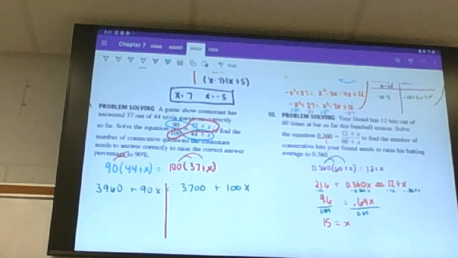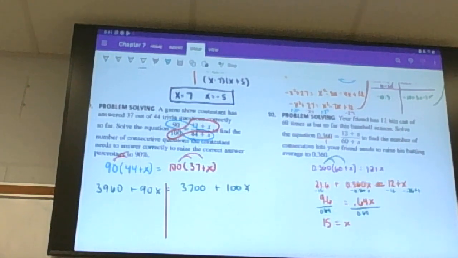What this means for number 10 is that he wants his batting average to be .360. I wonder what his current batting average is. 12 out of 60. Is that how it works? Yeah, I think it's 200. Okay, 12 out of 60 is what he currently hits.